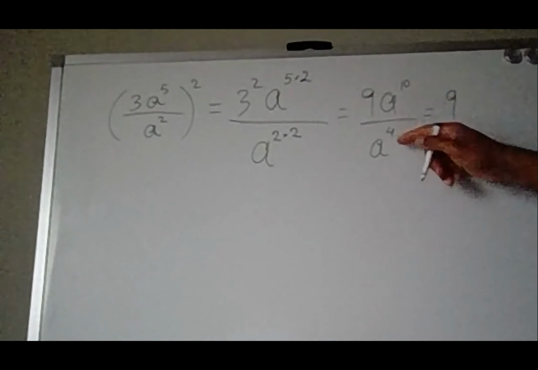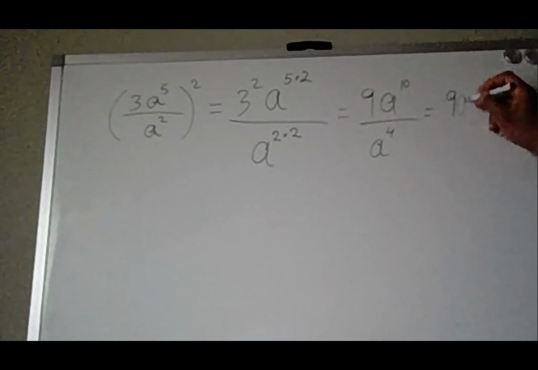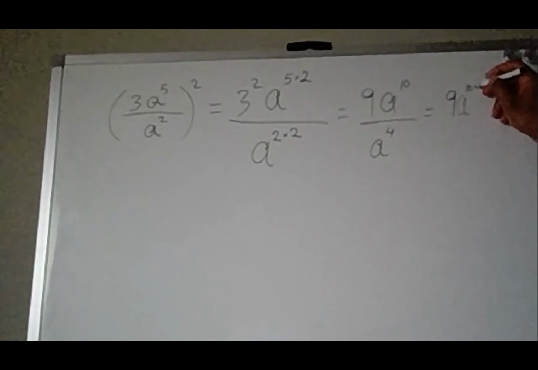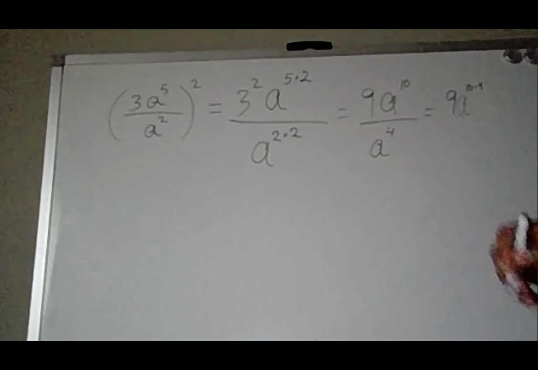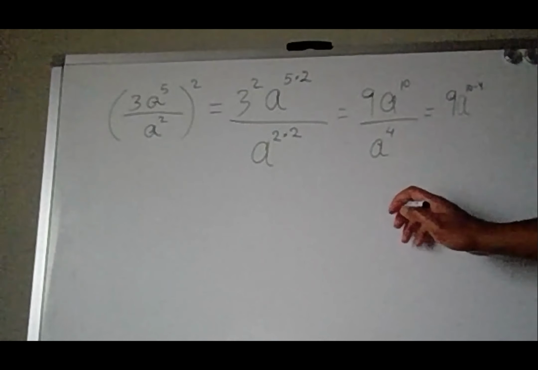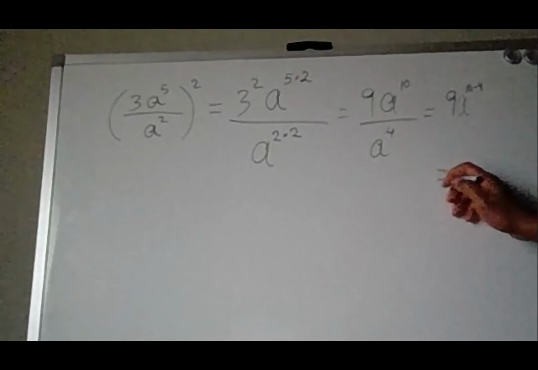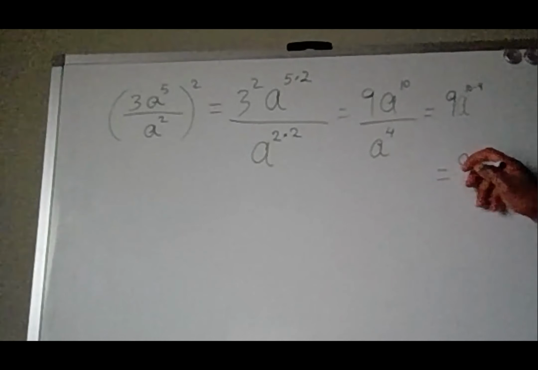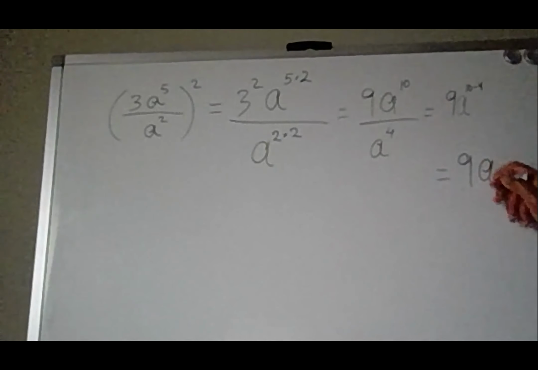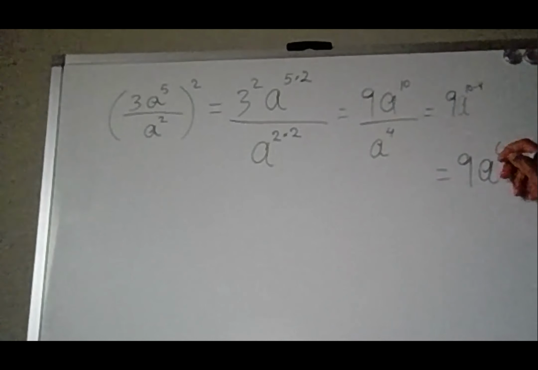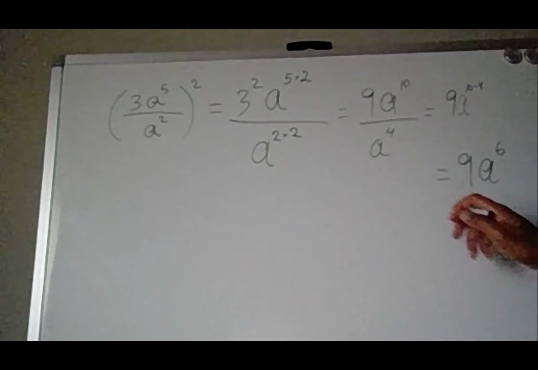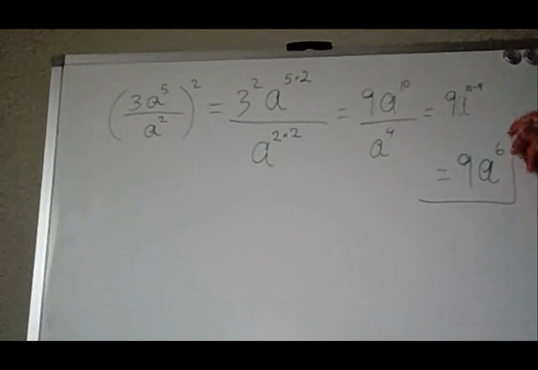So we're going to have 9a to the power of 10 minus 4, and 10 minus 4 is equal to 6. So our final answer is 9a to the 6th power. And that's your final answer.